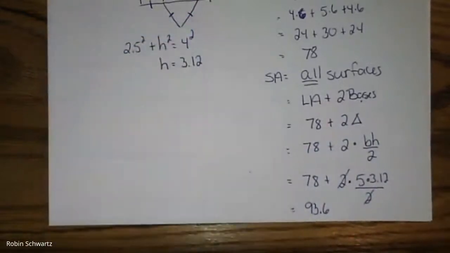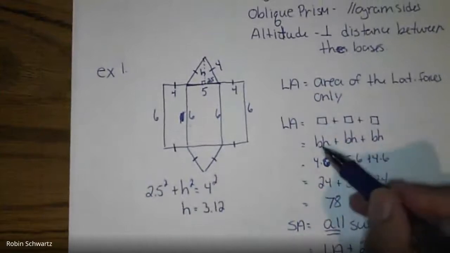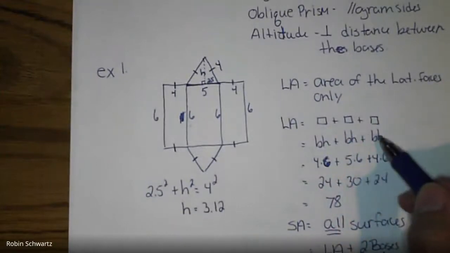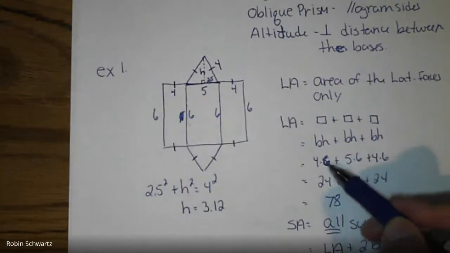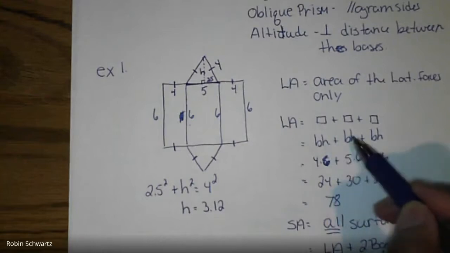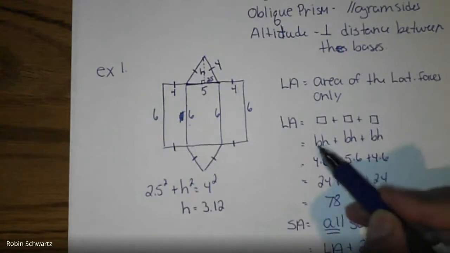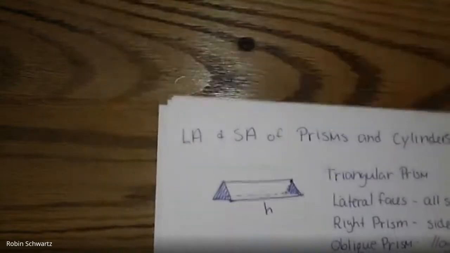Now, we can streamline this slightly by looking at this up here, base times height, base times height, base times height. If you look, the one number that stayed consistent all the way through these 3 rectangles was that 6. That height value never changes. But the base does change as I move around the base of that triangle here.